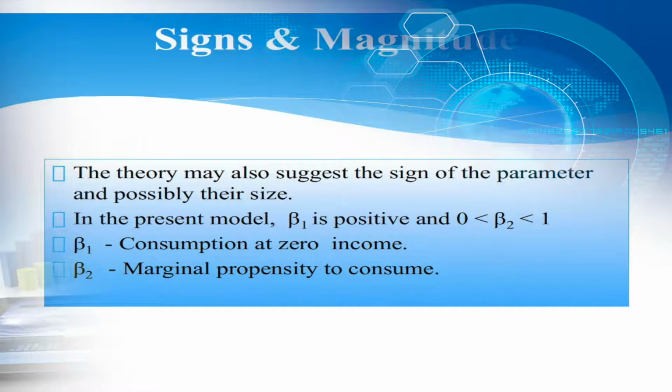The theory related to applied research work would indicate the possible special features of the phenomena being studied. It may also suggest the sign of the parameters and possibly their size. In the present Keynesian model, beta 2 has to be a positive number and it must be between 0 and 1 by the consumption law. Beta 2 is otherwise in theory called the marginal propensity to consume.